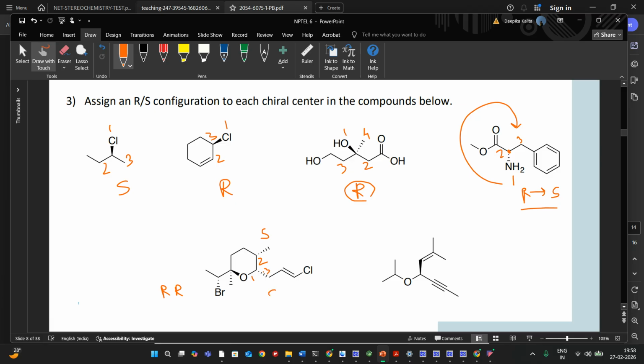Hence, it will be S again. So all the 4 asymmetric carbons we have assigned: these two are R, and this is S, and this is also S.